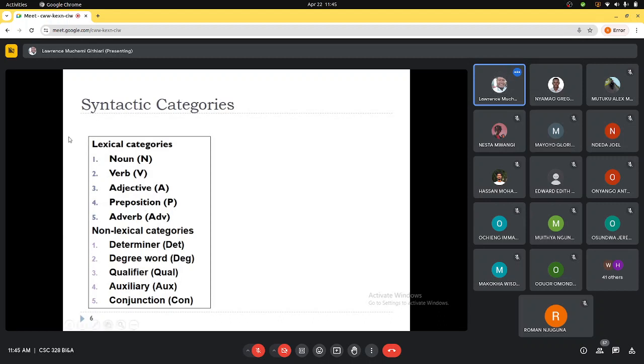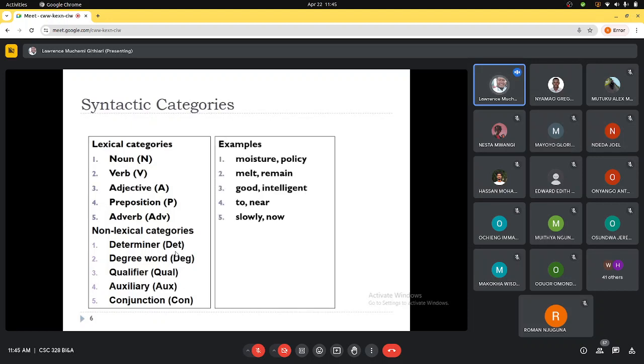So these are lexical categories, as we call them. Then we have non-lexical categories, meaning that they don't have specific meanings, like determiners. Determiners are things like the word the. It's a determiner. You have degree. I think we have examples here. Yeah, they're here.